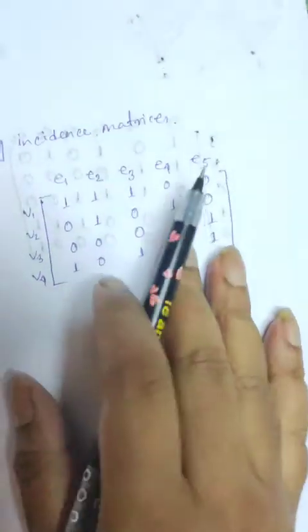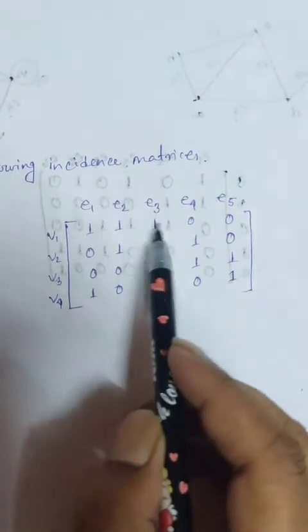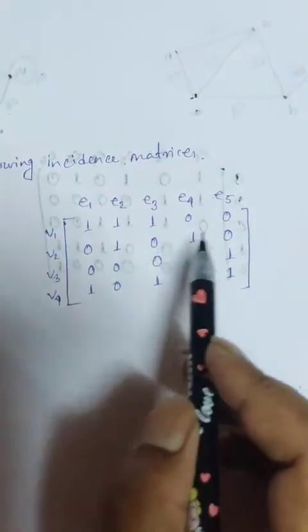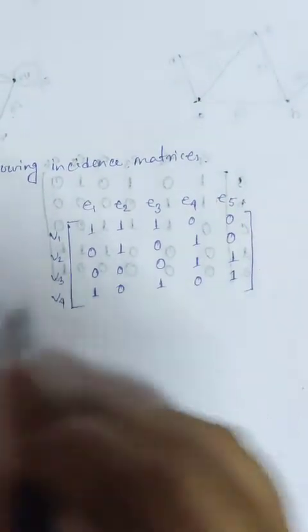So now see here, I will consider this matrix, that is 1 1 1 0 0, 1 1 1 0 0 0 1 0 1 0 0 0 0 1 1 1 0 1 0 1.